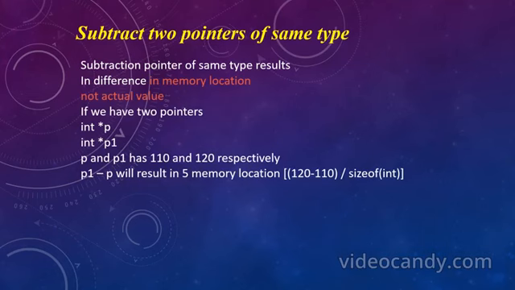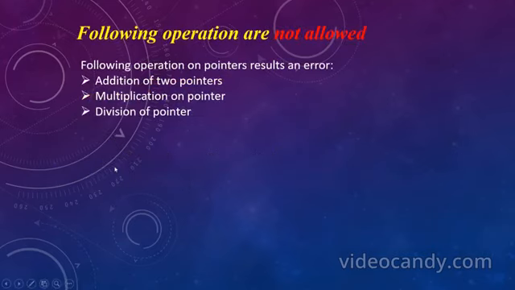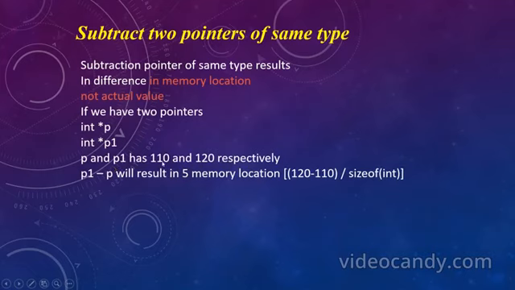The next is subtracting two pointers of the same type. If we subtract two pointers of the same type, it will return the number of memory locations, not the exact value. In this example, if one memory location is 1010 and another is 1020, and I subtract them and it's of integer type, the answer should be 5 memory locations.